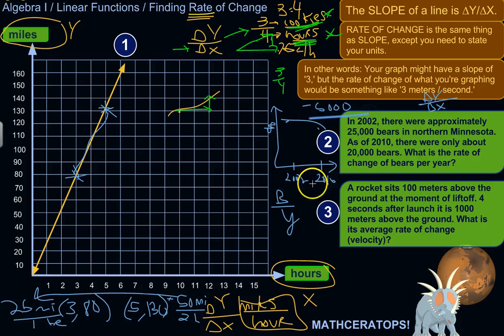What's our change in years? I'm just gonna write a B for bears. Years would be 8 years, right? So you could reduce that. So the rate of change there would be negative 5,000 bears per 8 years, and should probably reduce it so it makes the most sense.